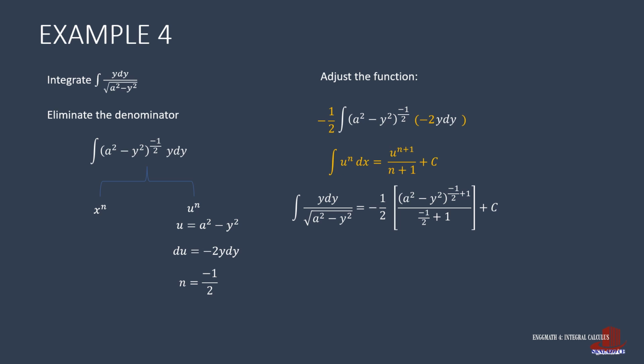Then add c. This is simplified as negative half of the quantity a squared minus y squared raised to 1/2 over 1/2 plus c, where 1/2 cancels out, bringing about the negative of a squared minus y squared raised to 1/2 plus c.